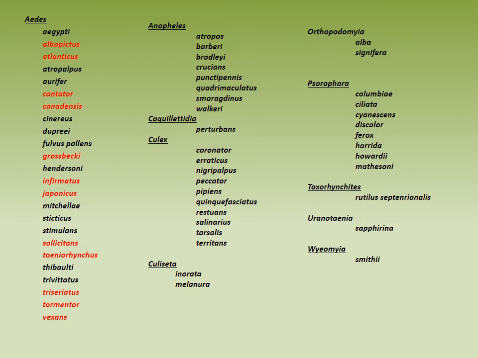If this presentation were given at an in-person ID course, the species that are listed here in red are normally the specimens that we would be showing you, and you would be IDing them under the microscope.